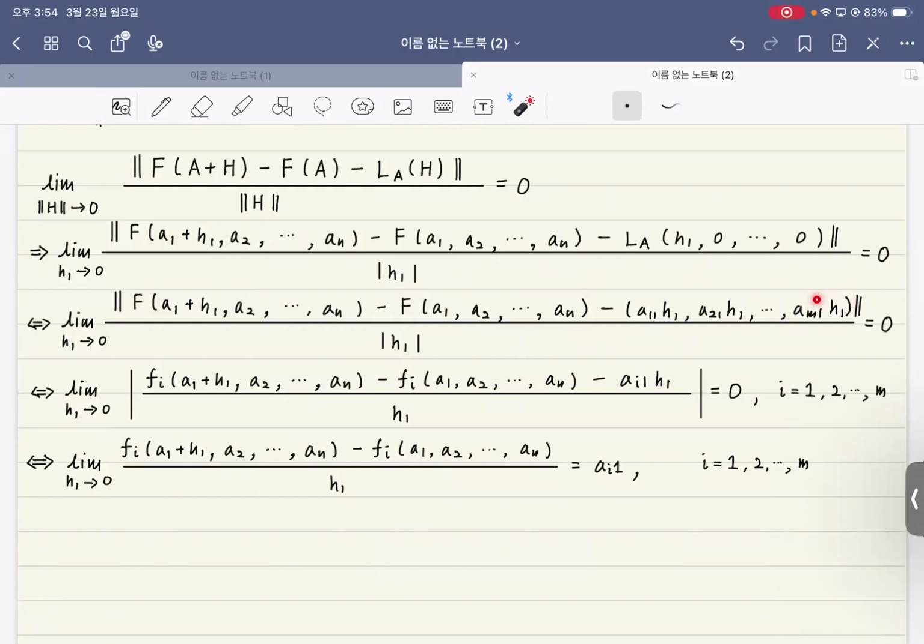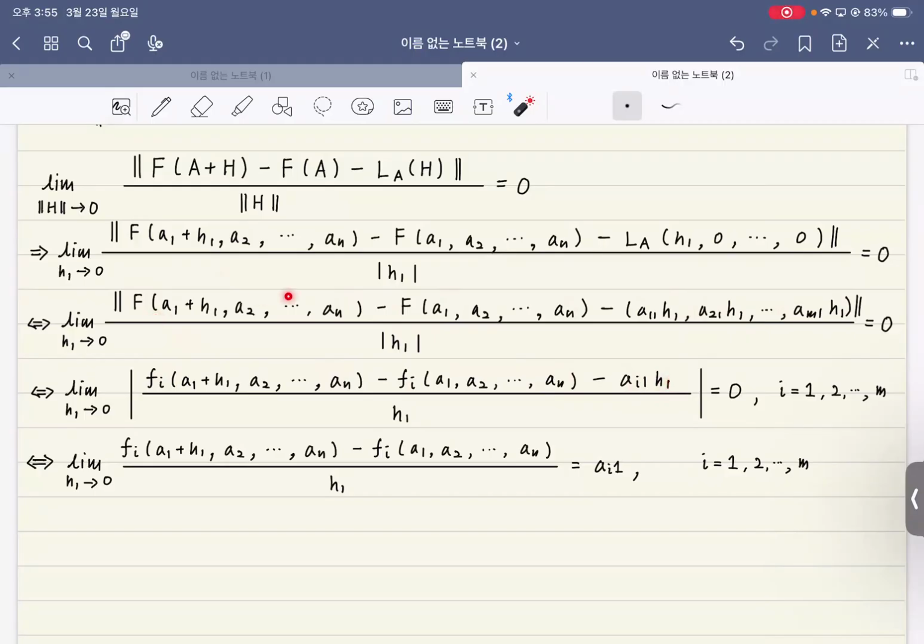The numerator is just the length of the vectors, and this tending to 0 means, writing everything in terms of the component functions of F, the i-th component of this guy is this, and the i-th component of this guy is this, and the i-th component of this last one is Ai1 times H1, right?